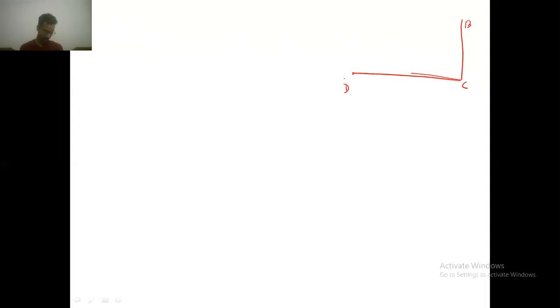Now see, from a point on the ground, the angle of elevation of the bottom and top of a transmission tower fixed at the top of a 20-meter high building. That means one transmission tower.